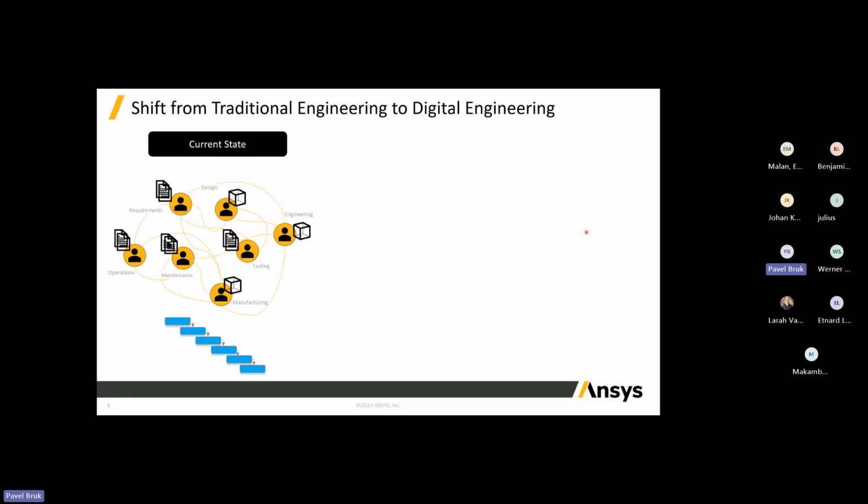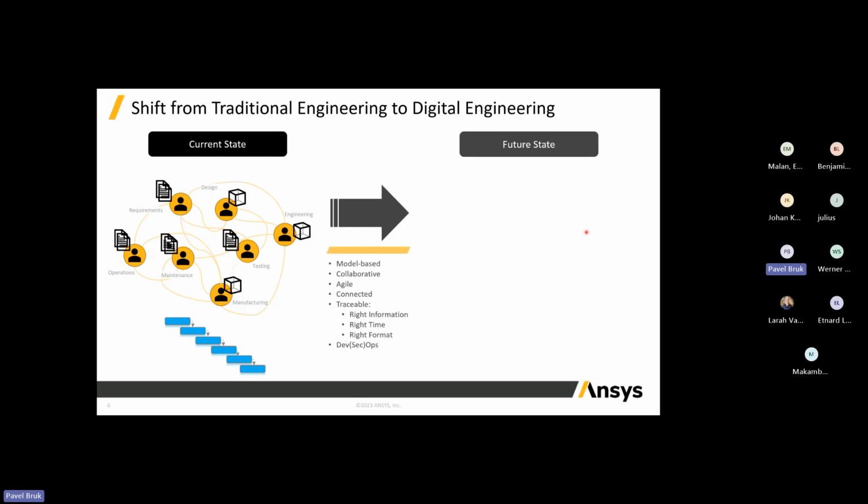If we look at this from the communication point of view, from the point of transitioning from traditional engineering to digital engineering, what we want to achieve is to move from the state where you have different disciplines and different people communicating without having a single definition of the product on a system level.